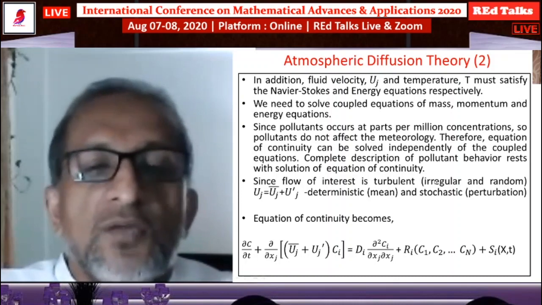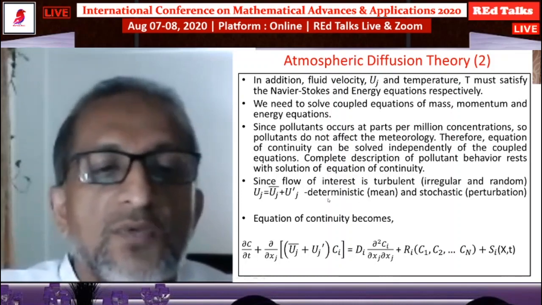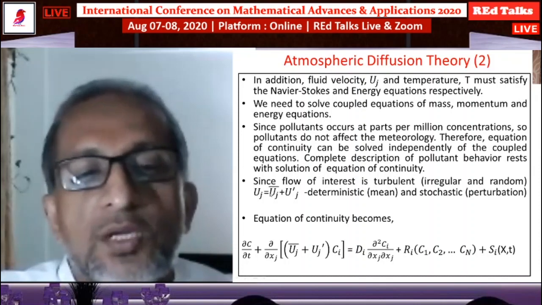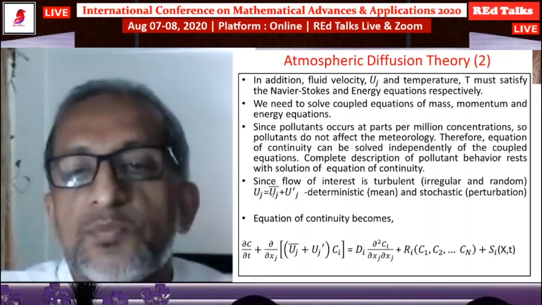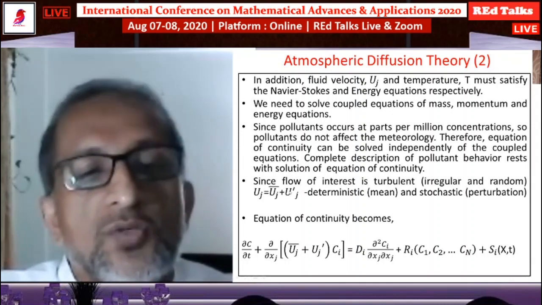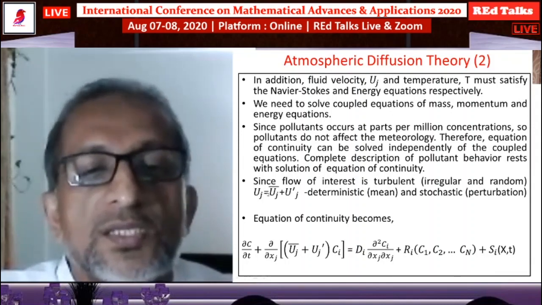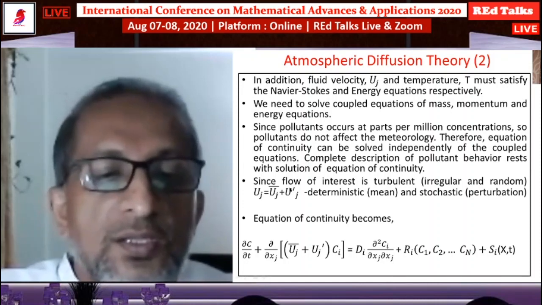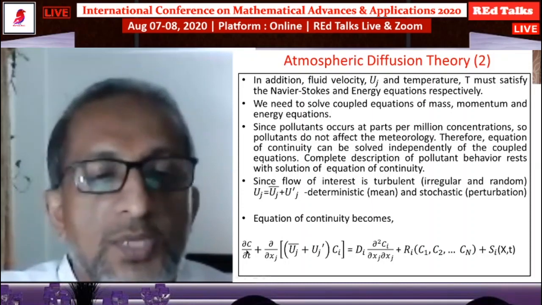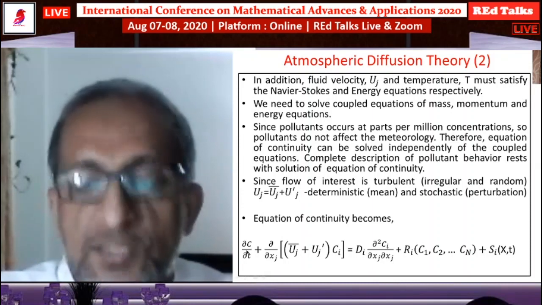So we decompose the fluid velocity into the deterministic mean component and the stochastic, that is perturbation, component. Substituting uj in the continuity equation, the partial differential equation is this.